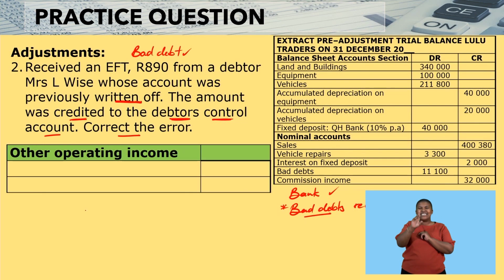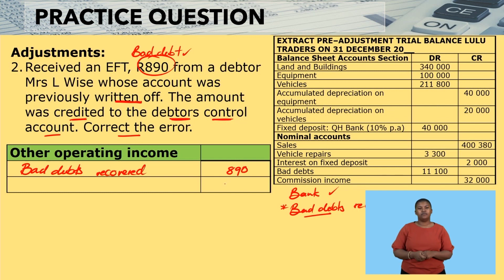So we're coming here now. Under other operating income, we'll record what is known as bad debts recovered. And our bad debts recovered is the amount that we have received, 890. All right.